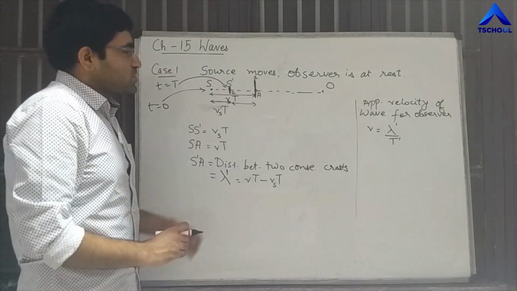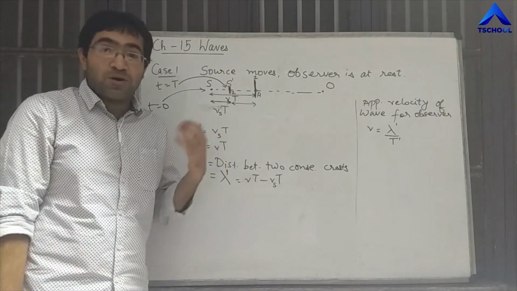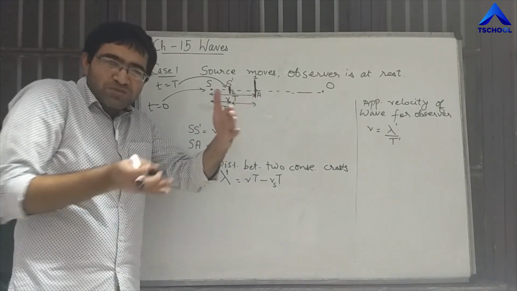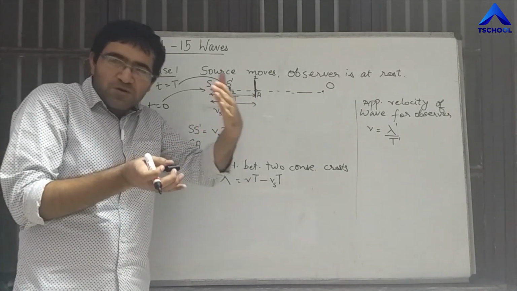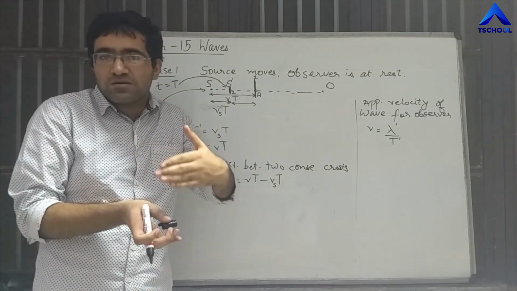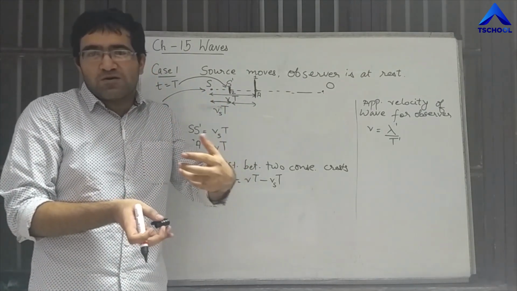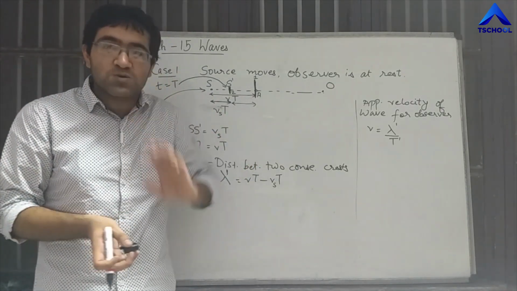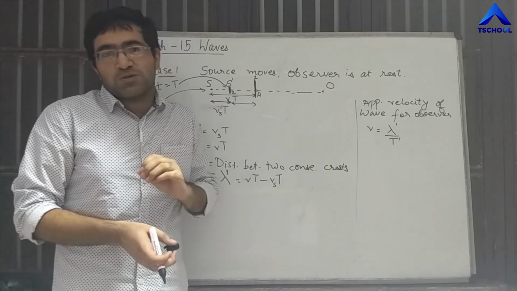The reason it would be t dash, not t, is that these two crests have come in close. So after one crest is received, the other crest will be received in a shorter time. So the time period as received by the observer is also going to change.